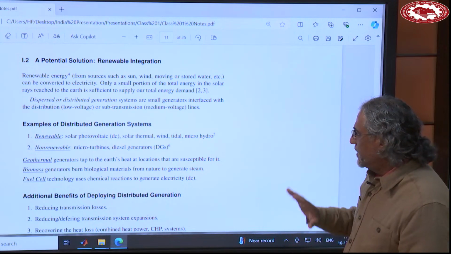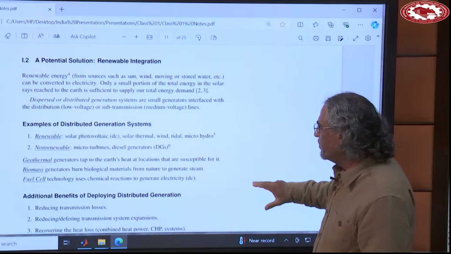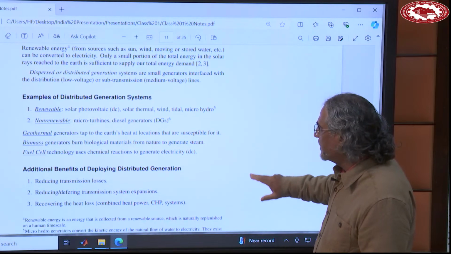Okay, so distributed energy resources based on renewable energy seem to be a very promising solution to address almost all the challenges that we just mentioned. But saying it is very easy. We'll see the problems that we will have.